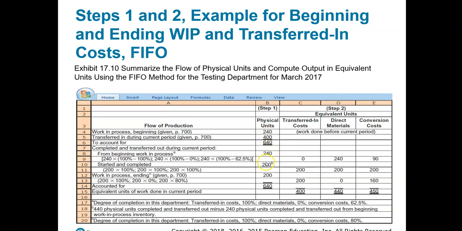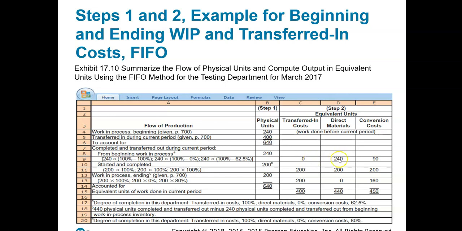And then we calculate the units started and completed. Also remember that from beginning work in process, we're calculating the equivalent units of work done in this period. In this situation, all the transferred in costs were already in the work in process at the beginning of the period, so did I have to do any more work? No, I did not.